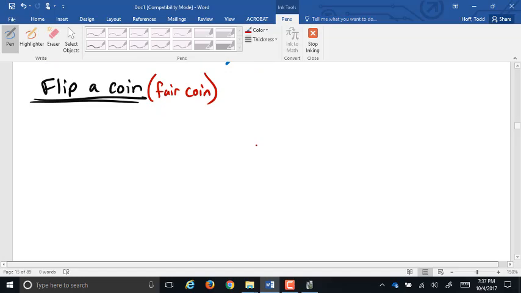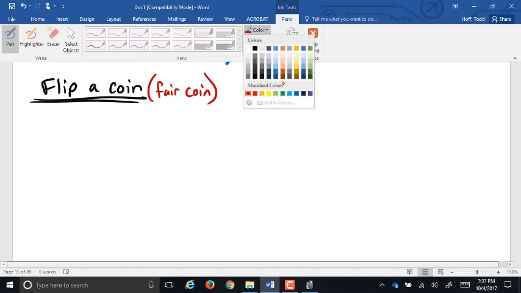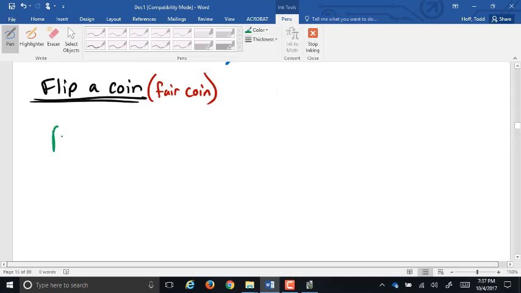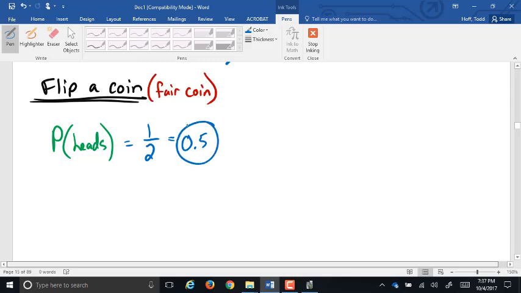There's one heads and one tails on it. But also that it's balanced, equally likely to come up either way. And for a fair coin, what is the probability that you flip the coin and you get heads? There's one head on the coin and there are two sides. So 1/2 or 0.5 or 50%.